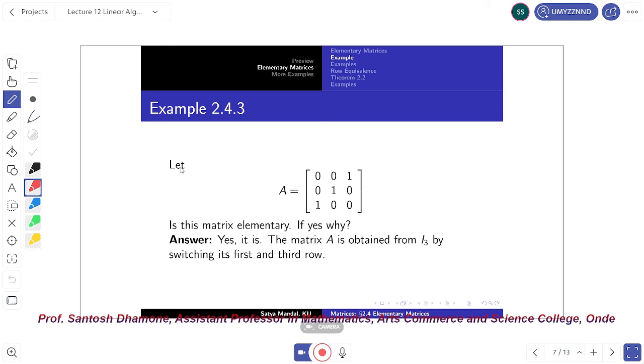That is, matrix A is obtained from I3 by interchanging the first and third rows.